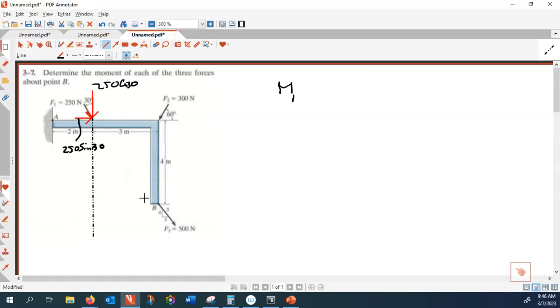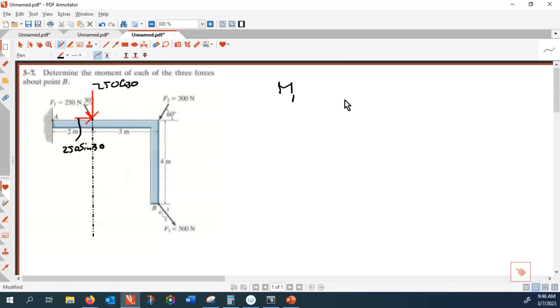Counterclockwise. Here the frame is fixed, and then you push it down about point B, that would rotate counterclockwise. That is positive.